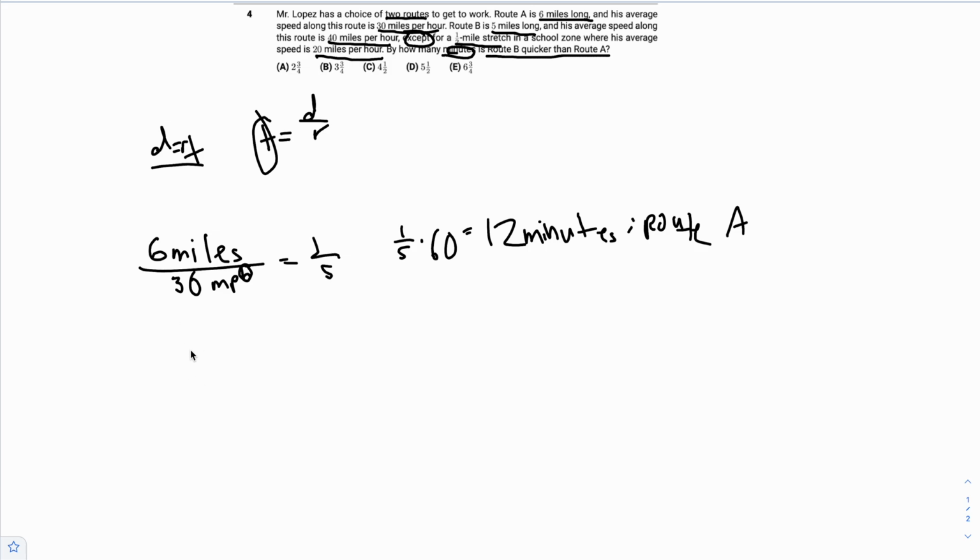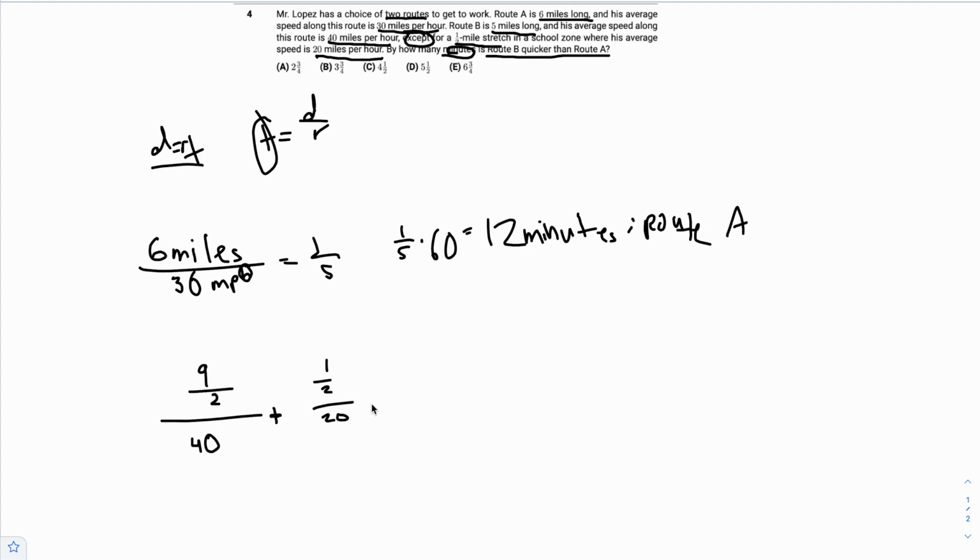So 4.5 is 9/2 over 40, distance over rate, and we add the time for the 20-mile-per-hour stretch, which is 1/2 over 20.